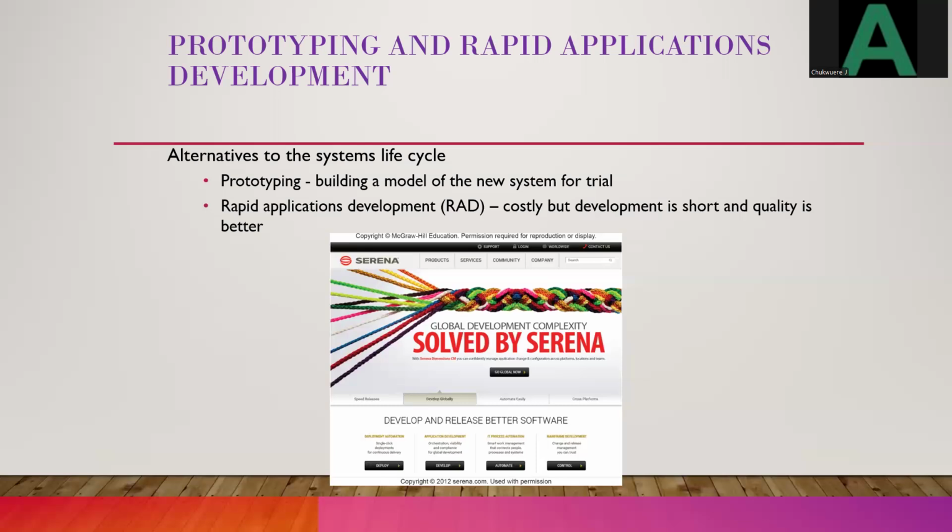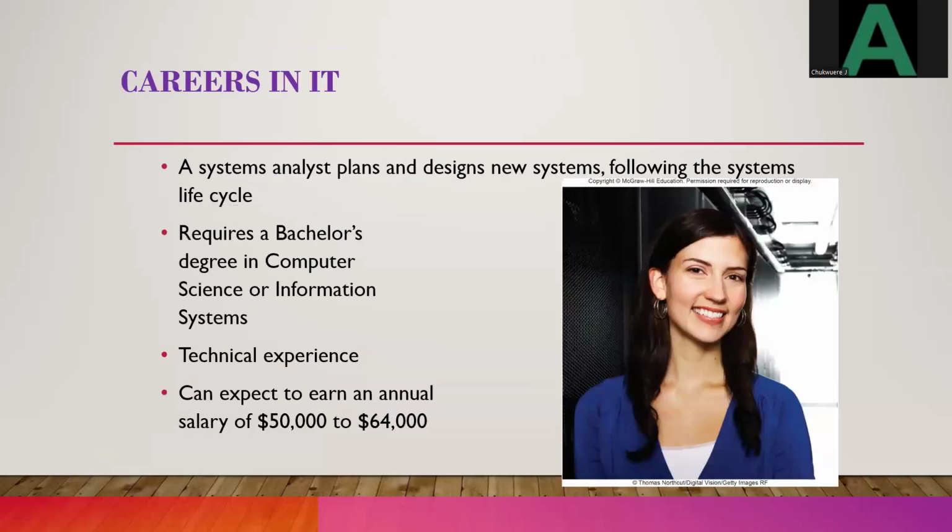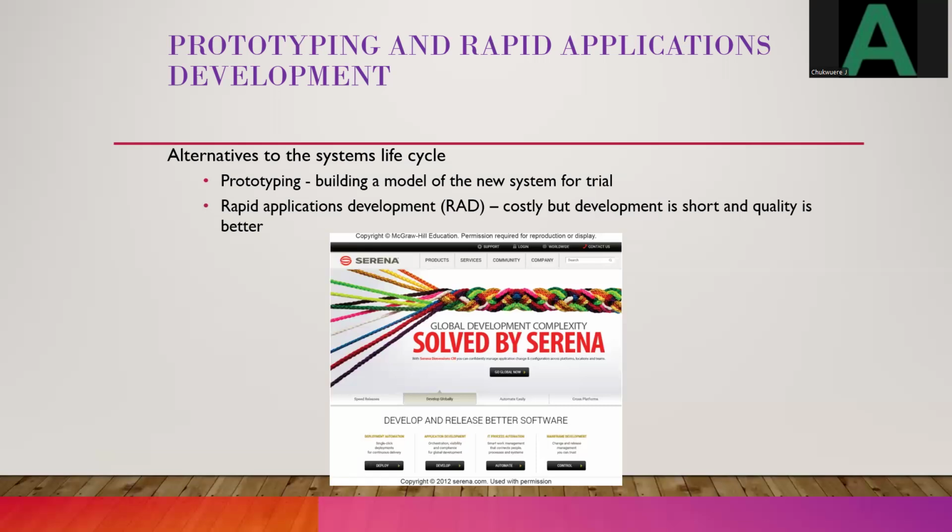This is another alternative to the system life cycle, whereby development is done as quickly as possible. We need this system, these are the specifications we need from it. You do the design immediately, within a given period of time. Okay, and that is what we have.